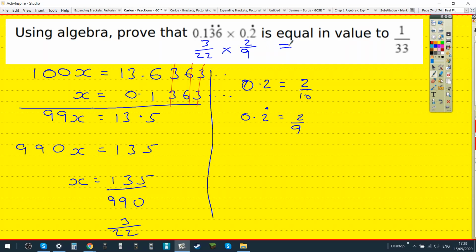Oh yeah, so 3 would become 1 and 9 would become 3 and 22 would become 11 and 2 would become 1. And the answer is 1 over 33. Yeah, 1 times 1 over 11 times 3, and that is 1 over 33.